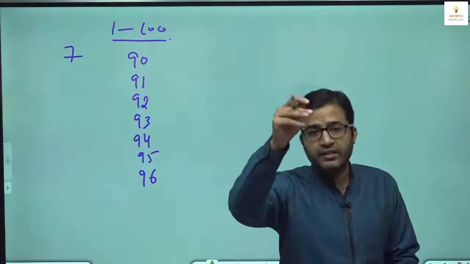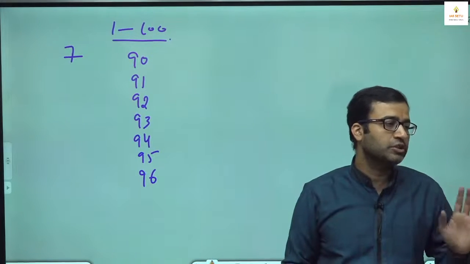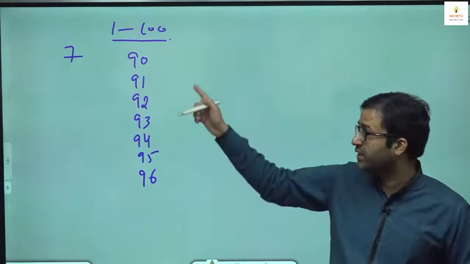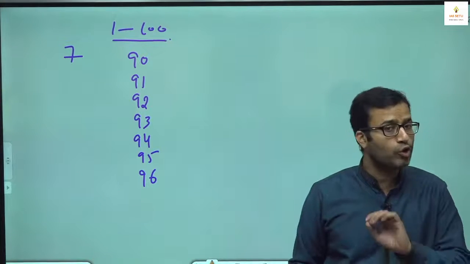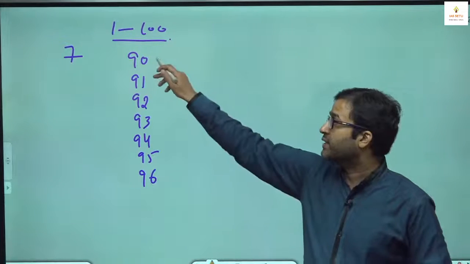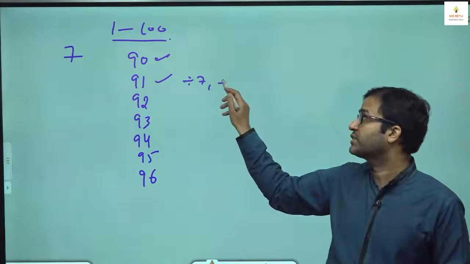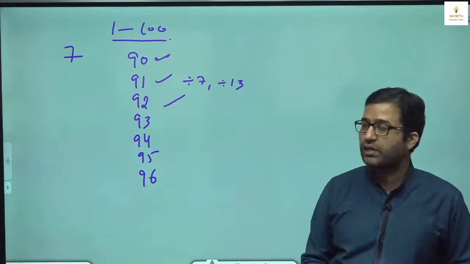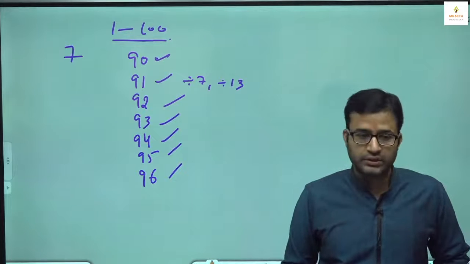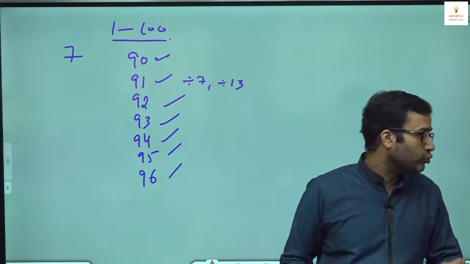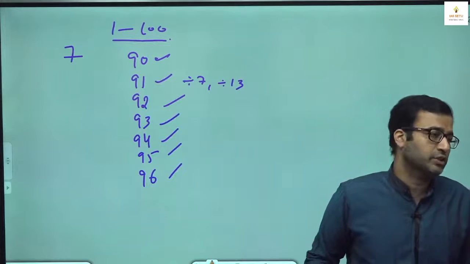These are the 7 consecutive natural numbers which are composite, which lie from 0 to 100. इनमें से कोई भी prime number नहीं है. 90 is a composite number. 91 is composite because it is divisible by 7 and 13. 92 is composite. 93 is composite. 94, 95, 96 are composite numbers. So from 90 to 96 we have these 7 consecutive composite natural numbers.